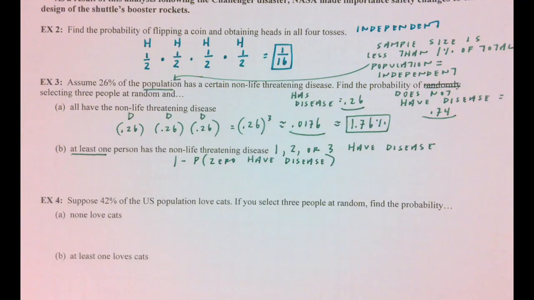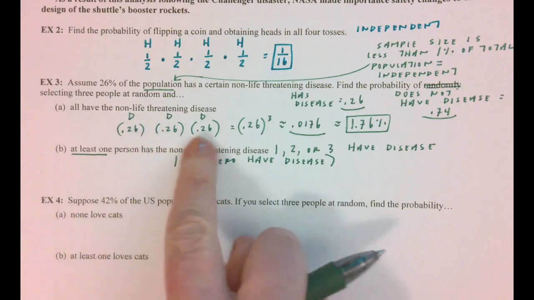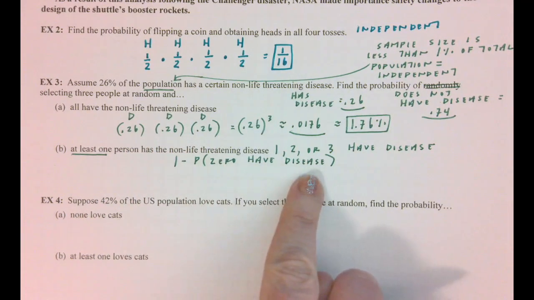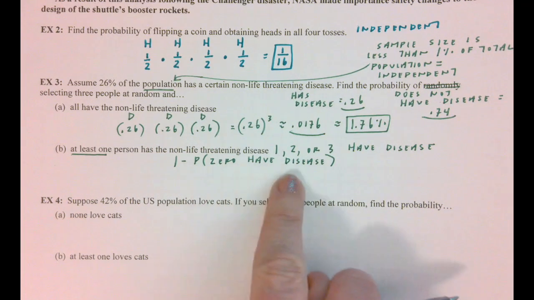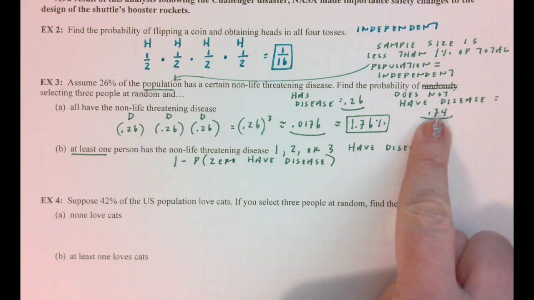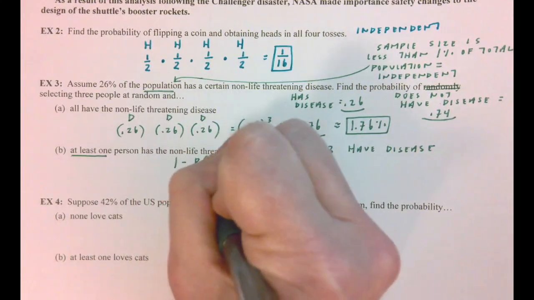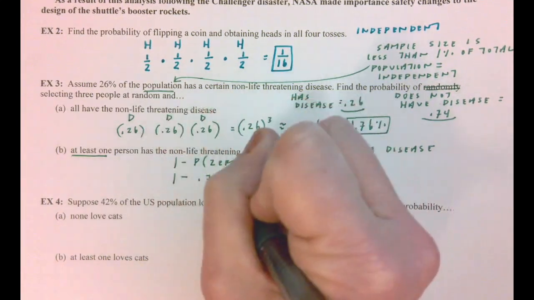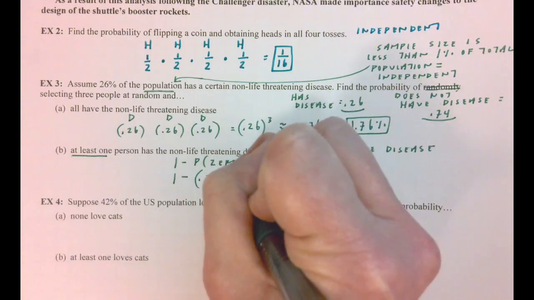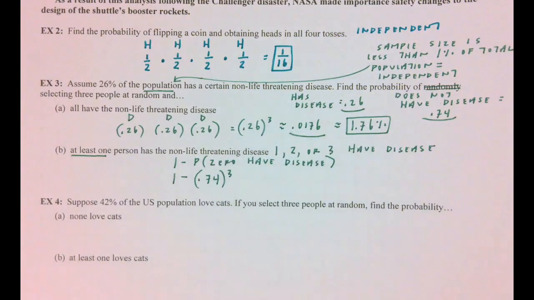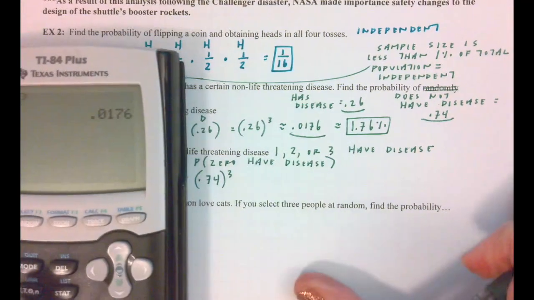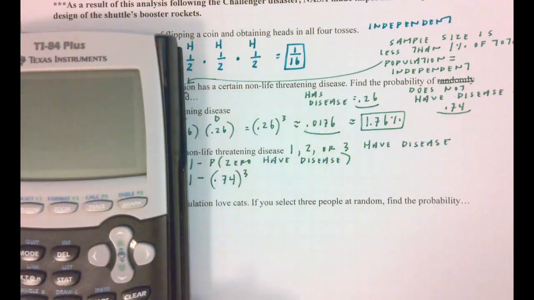Okay, now I haven't solved for that, because what I've solved for is they all have the disease, not none of them have the disease, but I can calculate that because that would be saying the first person, 0.74, that would be the chance of not having the disease. Same with the second and same with the third. So I can do 1 minus 0.74 to the third power. Let's say that I calculate 0.74 to the third power first.